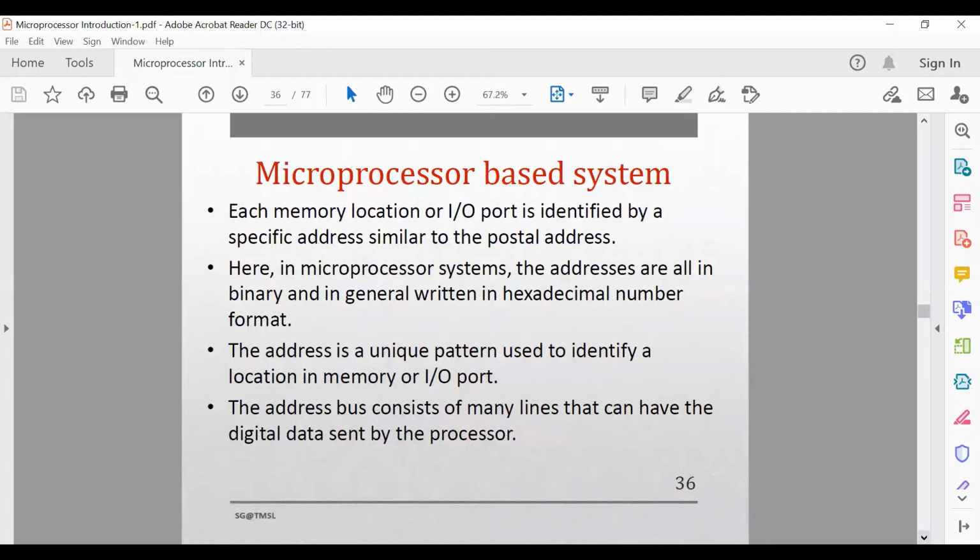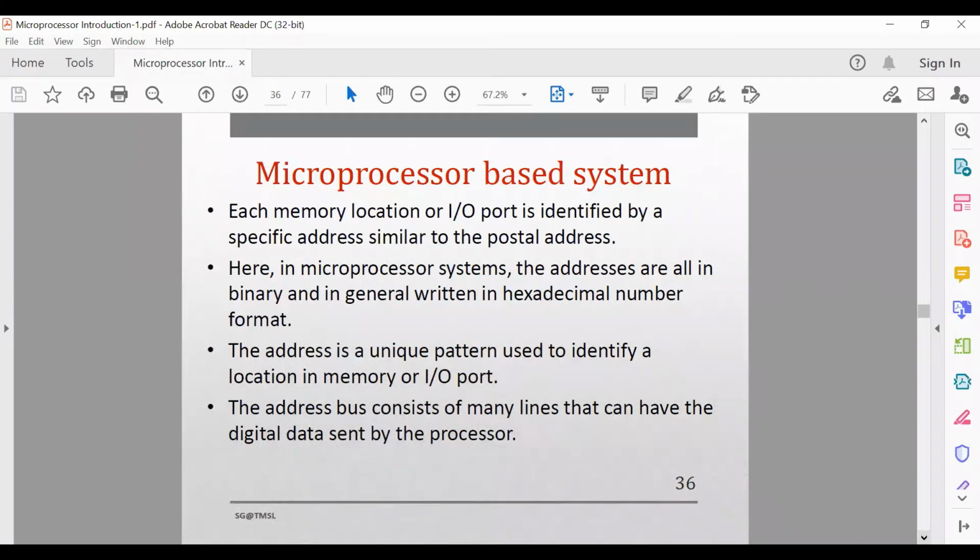For our understanding and easiest implementation, we write it in hexadecimal format, but it is inserted into the processor or memory as combinations of zeros and ones.